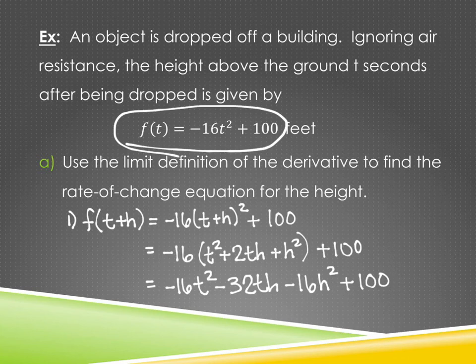Before I switch screens, I want to make sure everybody's good with step one. All right, so step two is to take f of t plus h and subtract off f of t.